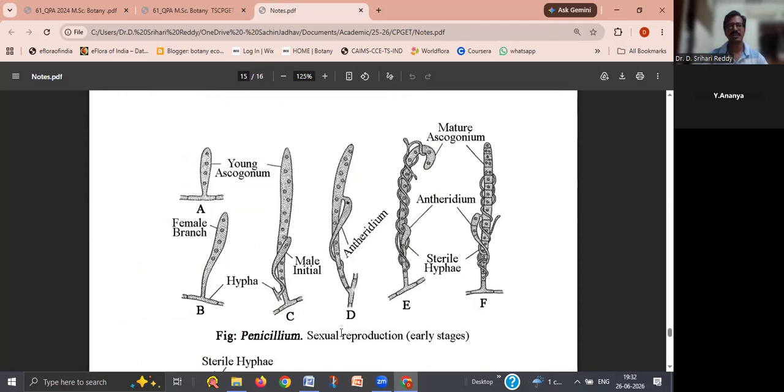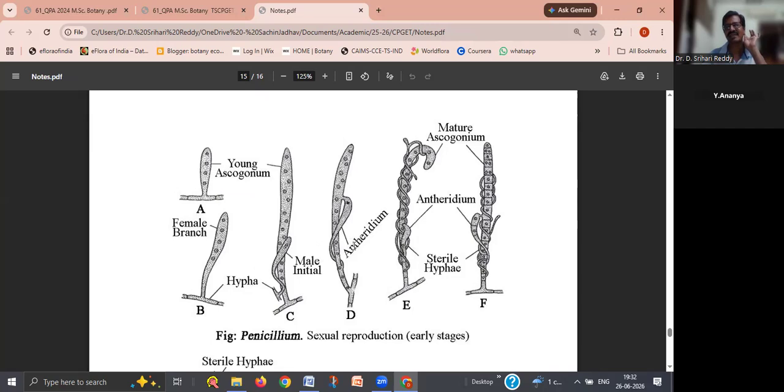You see, in the case of Penicillium, during sexual reproduction, the male and female filaments are there. Here the female branch is there, and this is the male branch.